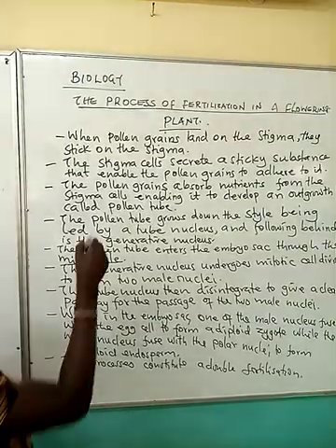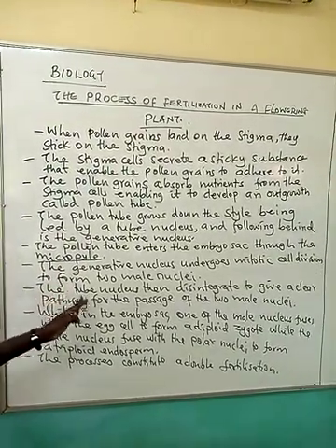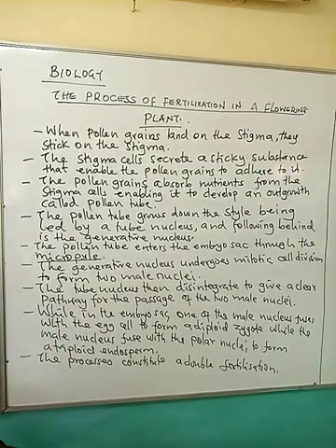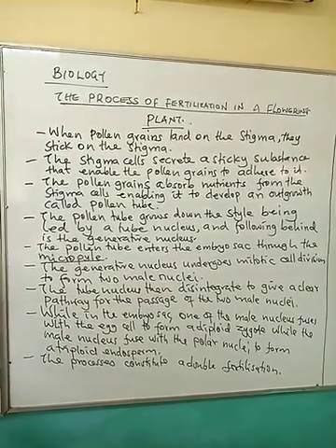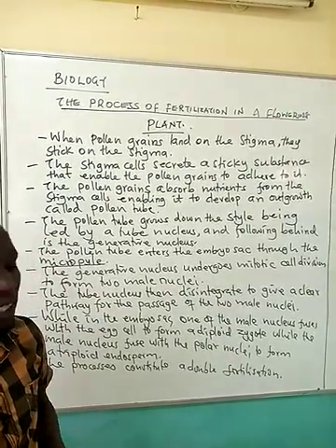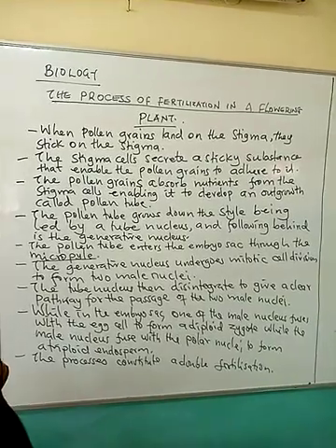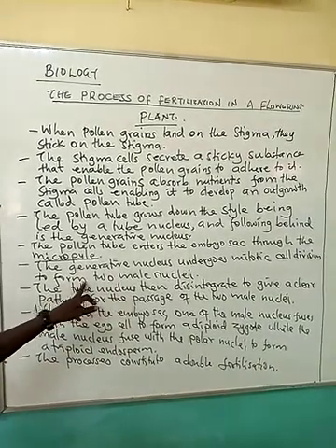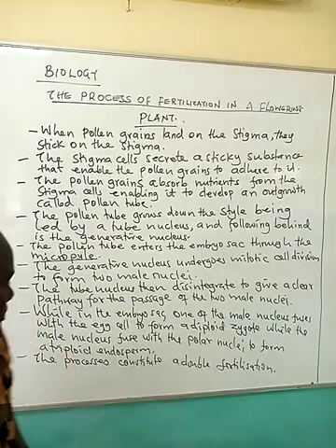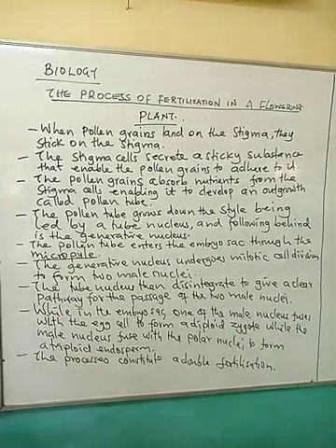The generative nucleus undergoes mitotic cell division, resulting in two male nuclei. We now have two male nuclei entering the embryo sac.